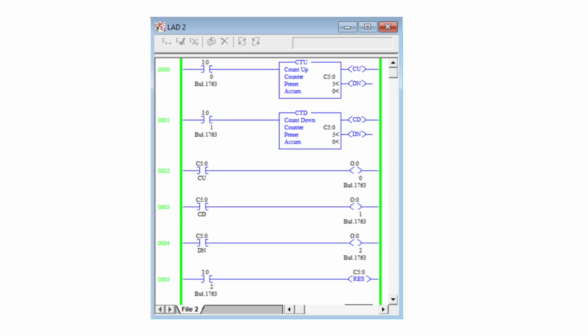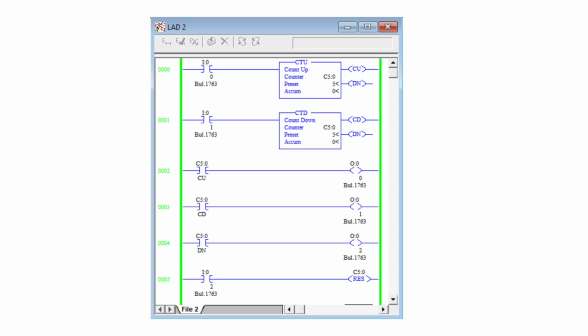Because the address of the counter is the same for the up counter and down counter, in this case we have only one done bit, right? So this done bit represents the done bit of the up counter and at the same time the done bit of the down counter. The done bit, C5:0/done, is connected to another output, and the output address is O:0/2.